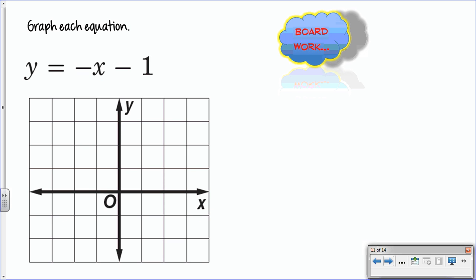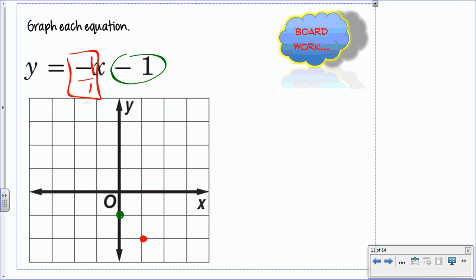What about this one? Negative 1, good. What's my slope on this one? Very nice, good. You're on top of it. So down 1, right 1. Right there.